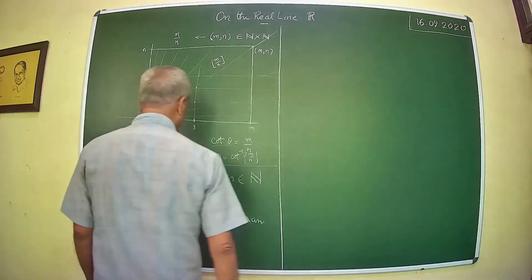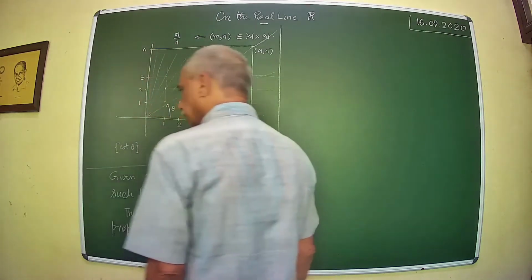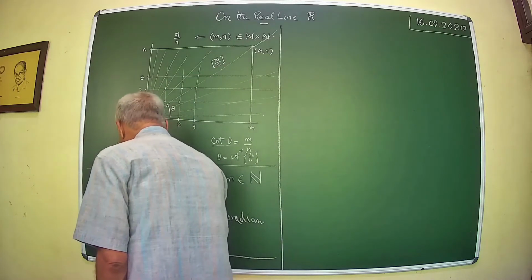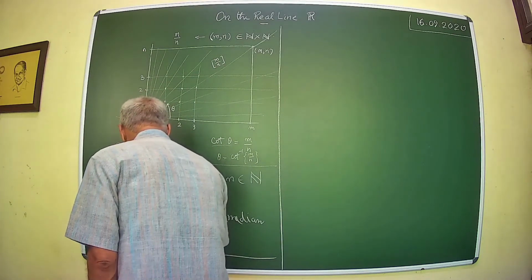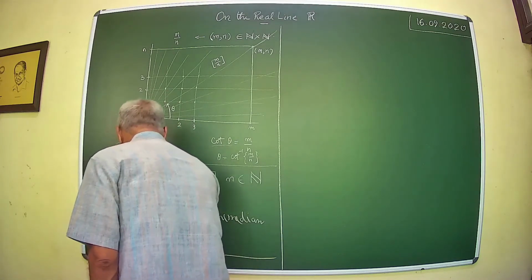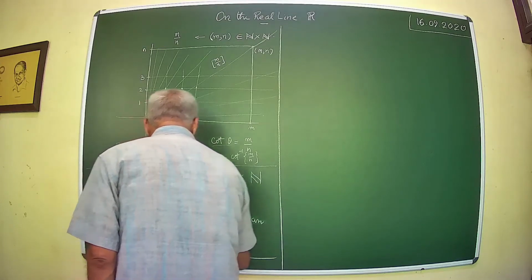It simply says the following. Now you recall our positioning of the rational numbers. So you have 1 here, 2 here, etc. Then this 0 is not included. So it's a half line that we have picked up.